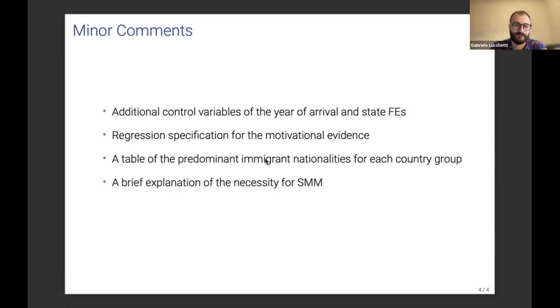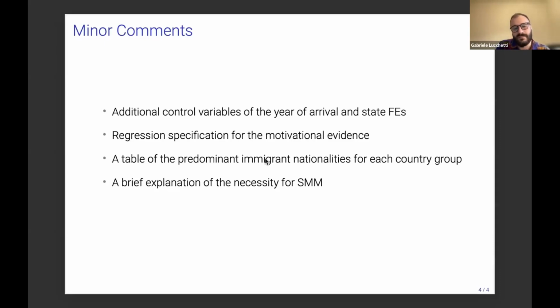And SMM, the necessity is... again, this is a long-term project. At the beginning, I was estimating amenities and human capital using reduced form methods, and then putting these parameters inside the model and solving the model. That is a very nice way to deal with the issue of simulated method of moments, especially when you have a lot of parameters.